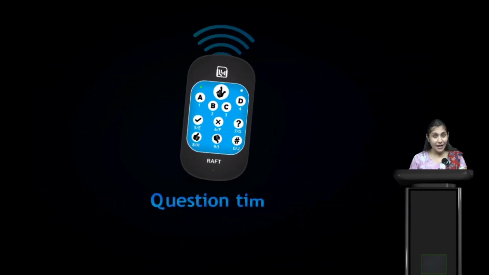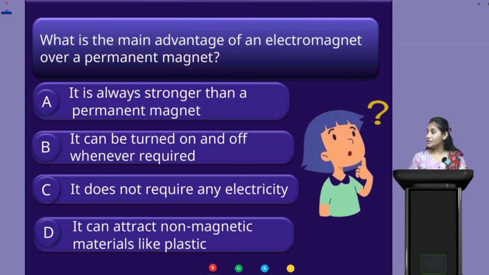So, students, now it's your question time. Let's see what question you have. What is the main advantage of an electromagnet over a permanent magnet? Option A, it is always stronger than a permanent magnet. Option B, it can be turned on and off whenever required.